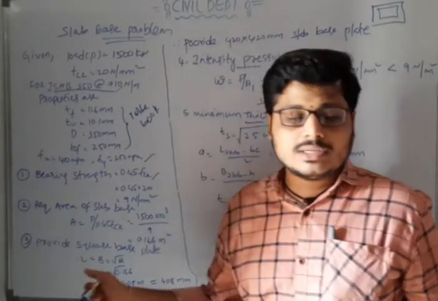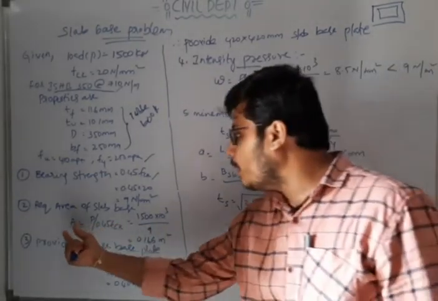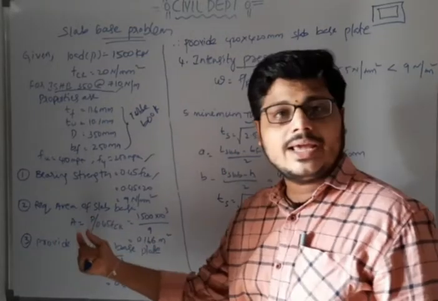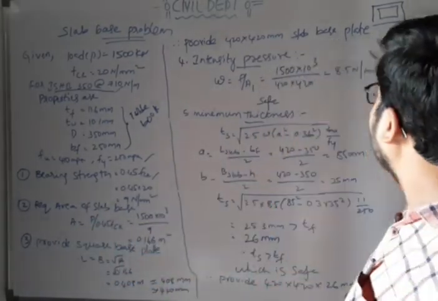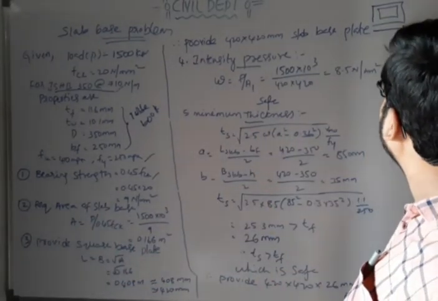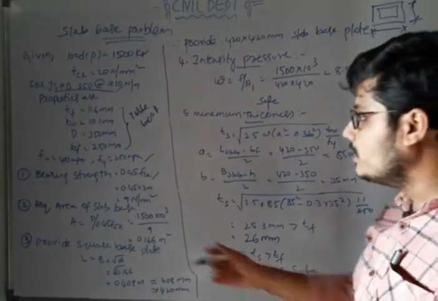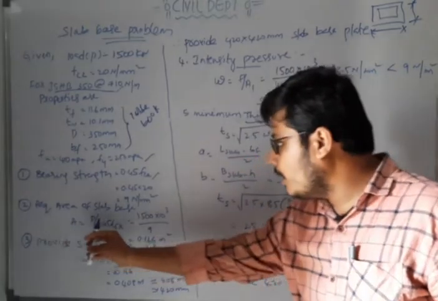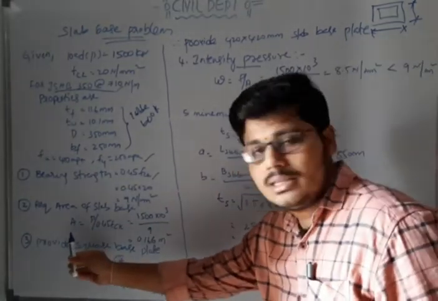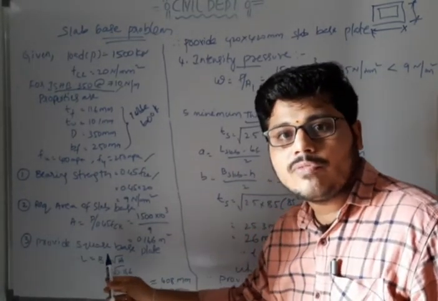Second step. What is the second step? Required area of slab base. How to calculate it? The required area of slab base formula is P by 0.45 fck.